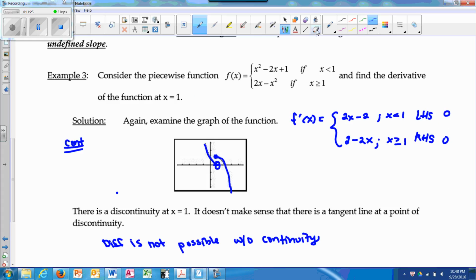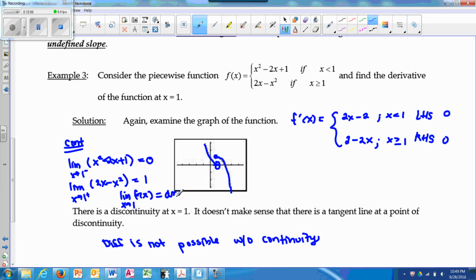So if we look at this previous one, if I simply try the continuity part first, which is absolutely required as the first step, I would not have gone on to do the derivatives at all, because the limit, as x approaches 1 from the left, uses the x squared minus 2x plus 1, gives us 0. The limit, as x approaches 1 from the right, uses the function 2x minus x squared, gives us 1.